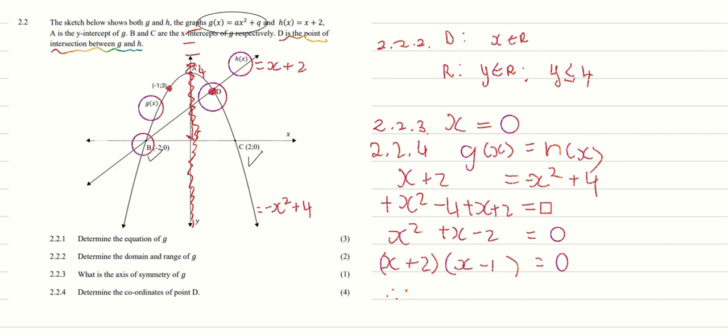Therefore the two options are when x is equal to minus 2 or when x is equal to 1. Exciting, because we know that minus 2 is one of the options, as I told you a few seconds ago. It's over here, minus 2.